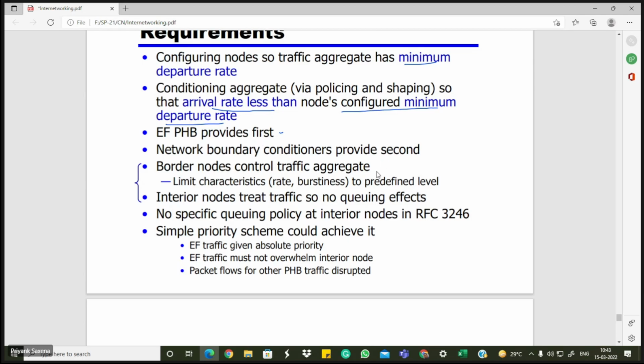First, network boundary conditions are provided. Second, border nodes control the traffic aggregate limit characteristics. Basically, here we use a kind of traffic profiling that is done using a token bucket scheme or a leaky bucket scheme.